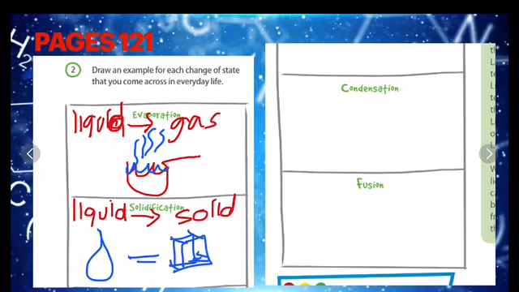Liquid, you change it into solid. Condensation refers to when you change a gas state into a liquid state. This is the backwards.